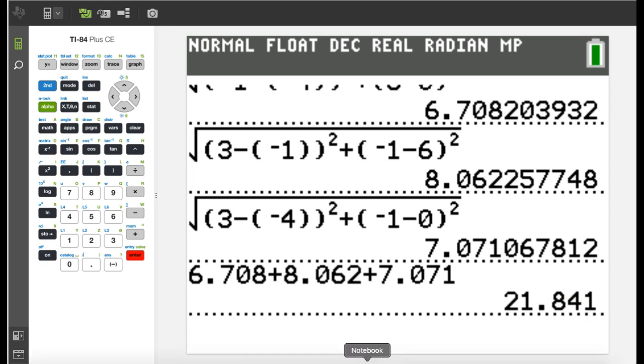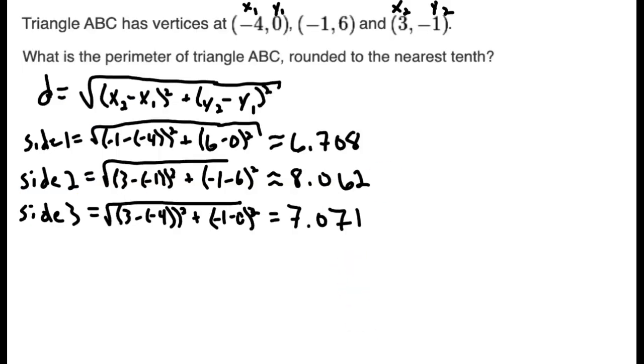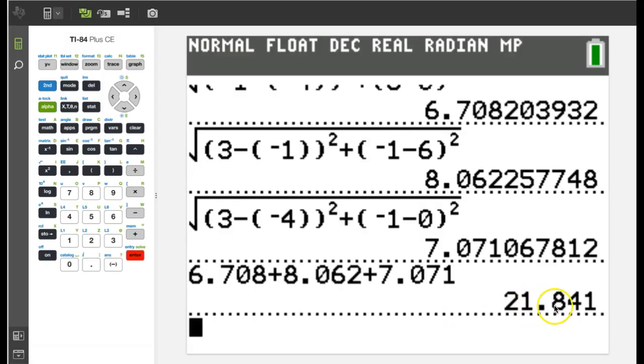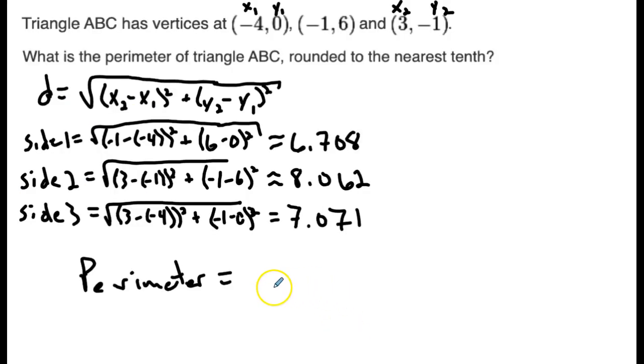Now the question says round to the nearest tenth. So tenth is the first decimal. So our perimeter rounded to the nearest tenth is going to be 21.8, right? Because this number is less than 5, so I don't round up. So rounded to the nearest tenth, 21.8.